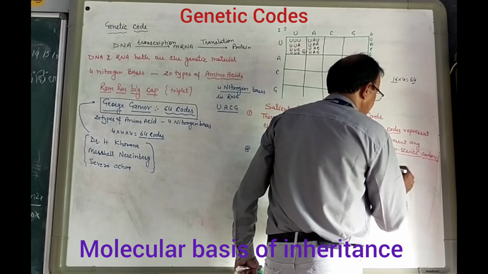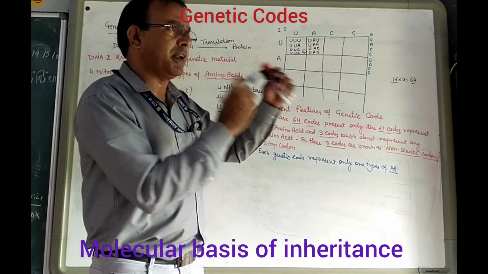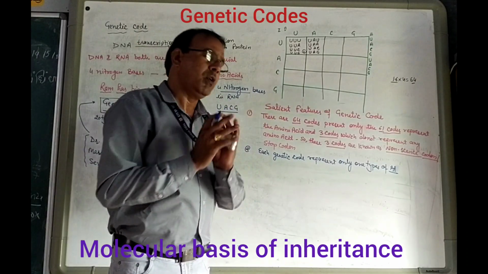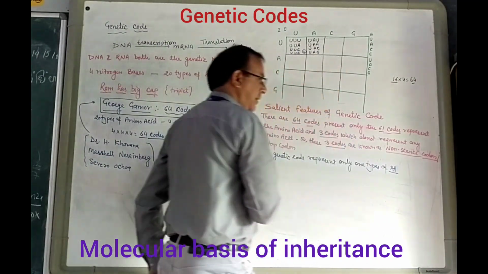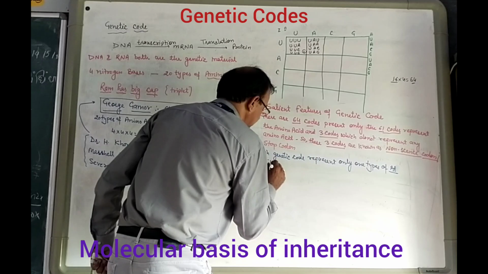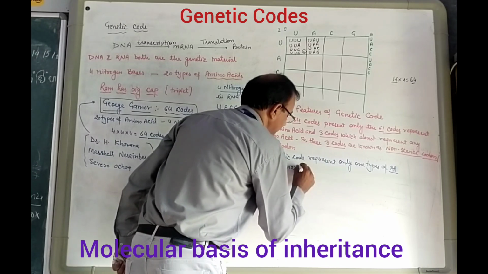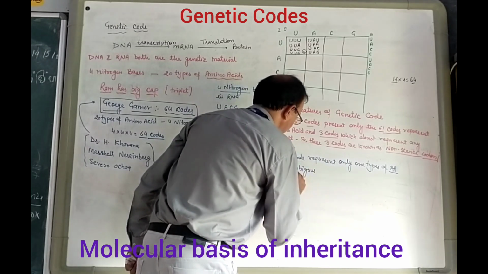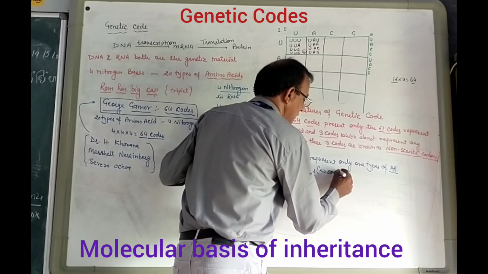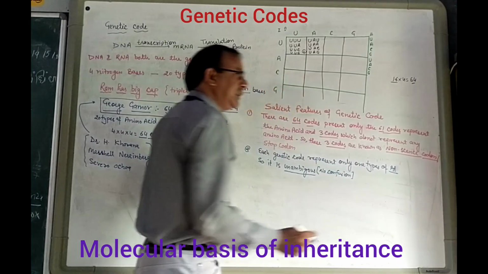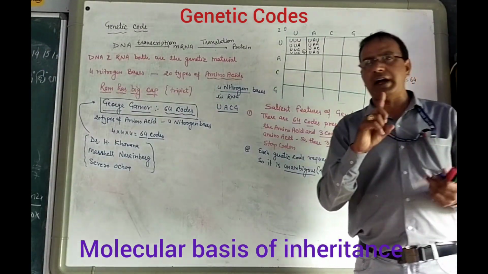So we can say that it is unambiguous, which means no confusion about whether an amino acid represents this one or that one. Only one type of genetic code represents only one amino acid. So it is unambiguous, or non-ambiguity, meaning no confusion.